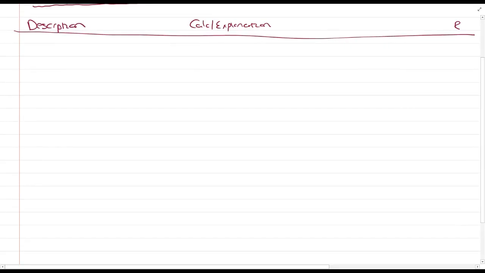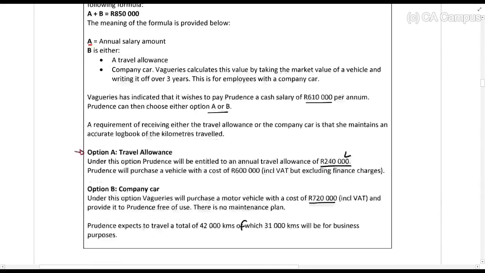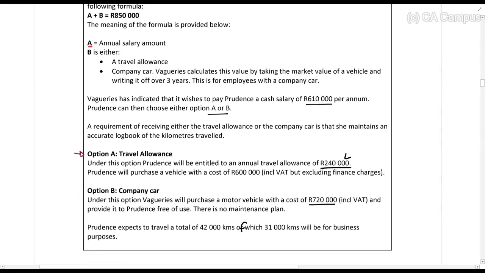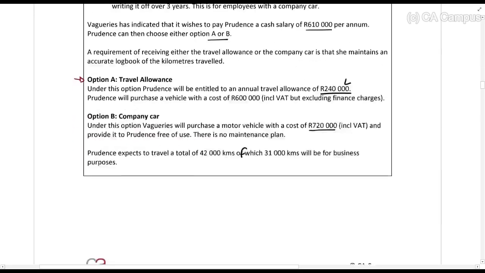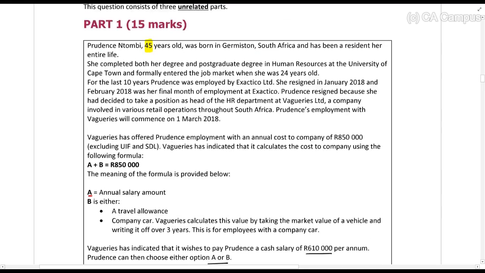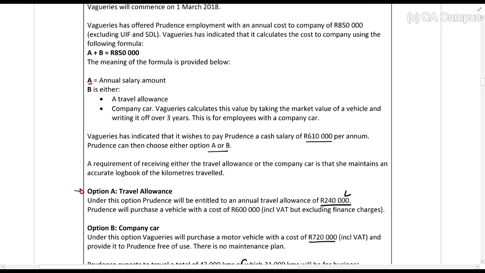For those of you guys who have seen the work through questions, I always follow the same approach when I do travel allowances. I always start with the kilometers traveled. Again, it's optional for you if they don't include it or include it for you.